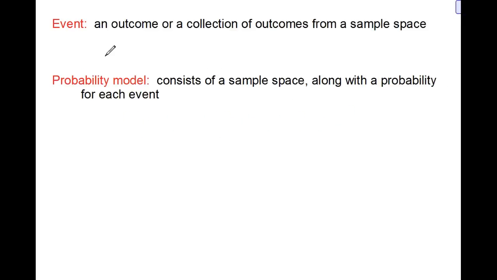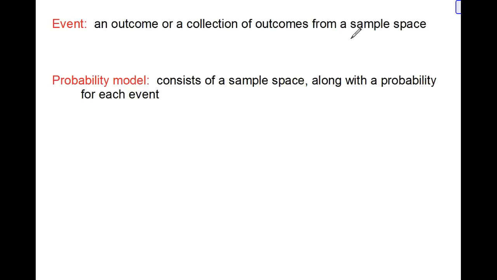Now, an event is just an outcome or a collection of outcomes from a sample space. So a lot of times what we do is we look at the probability of an event happening. What's the probability of getting that head? What's the probability of getting a 1 or a 2 on a die?